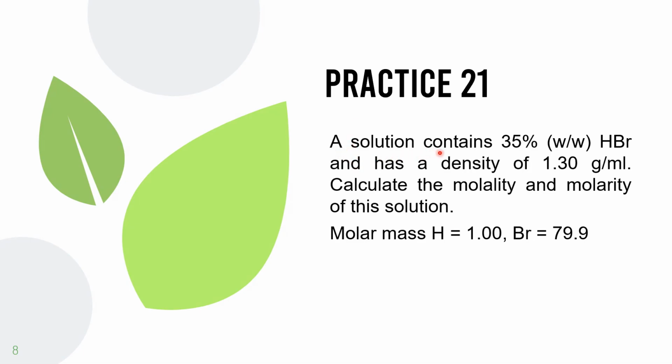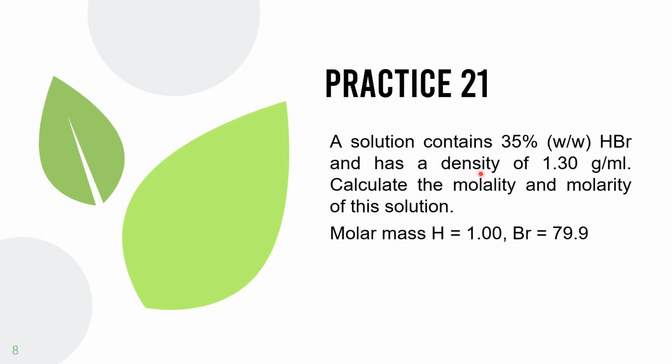The solution contains 35% mass over mass HBr and has a density of 1.3 gram per ml. Calculate the molality and molarity of this solution. So according to this sentence, we have understood that this 35% is referring to the percentage mass over mass for the HBr solution.